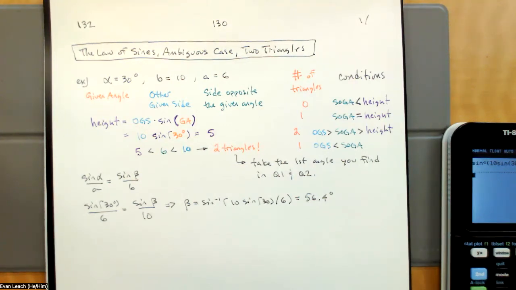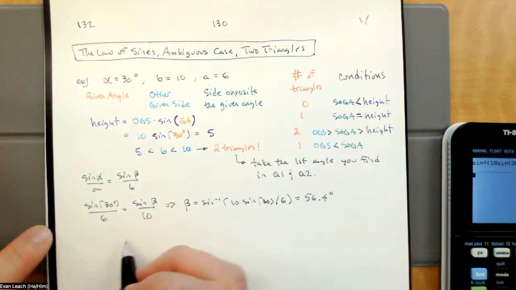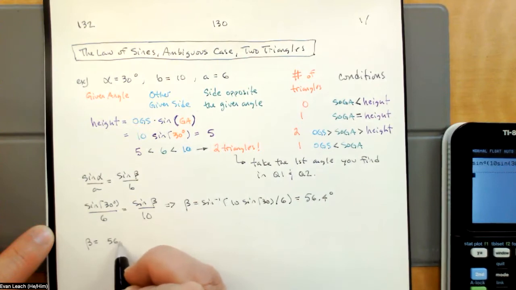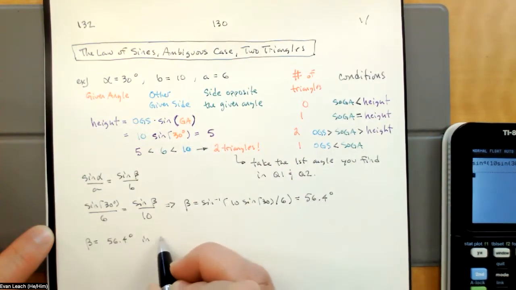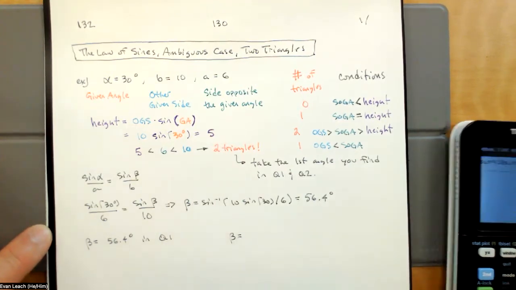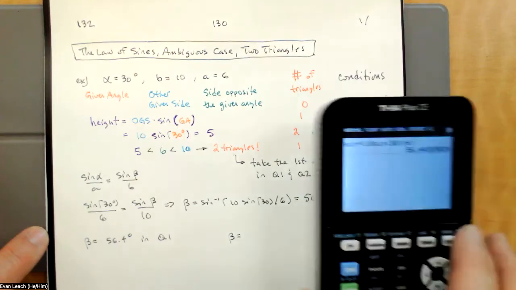We know that we're in the two triangles case here. So we have to take this angle. That's going to be our quadrant 1 angle. So on one side, I'm going to say here's beta of 56.4 degrees. That's our quadrant 1. But then I have another beta that I've got to put in quadrant 2.